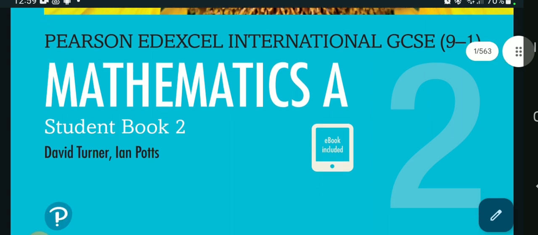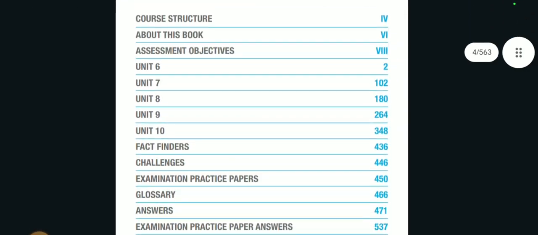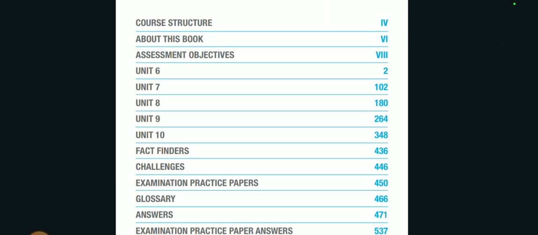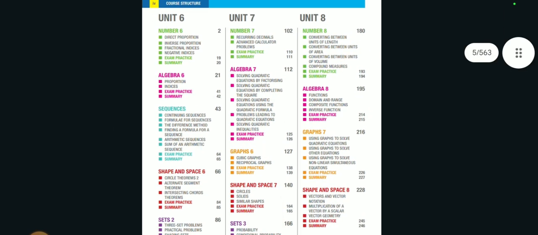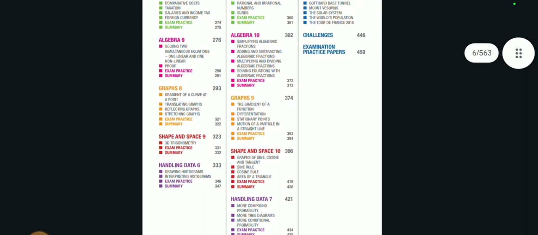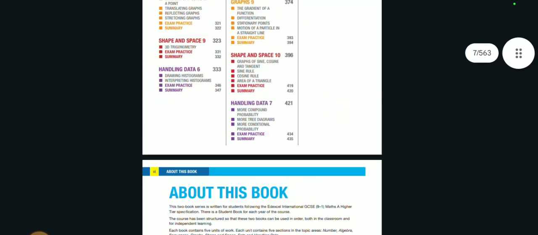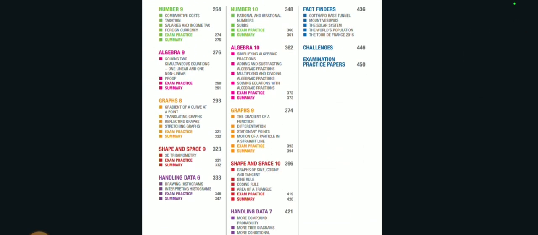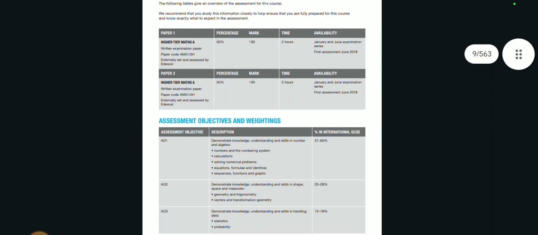I'm quickly going through all these things. The first 5 units are in book 1 and units 6 to 10 are in book 2. The main topics are the same in each unit: numbers, algebra, then geometry. They have different names, like graphs, shape and space, but actually they are the four to five topics.